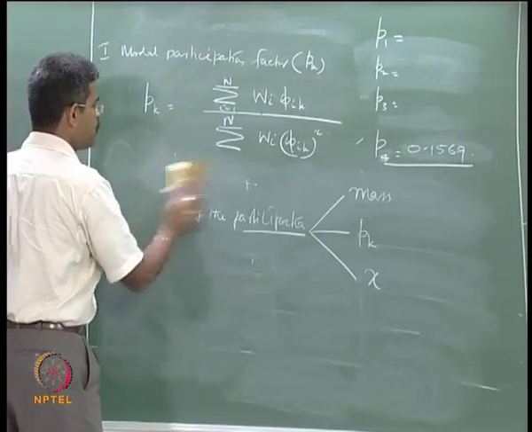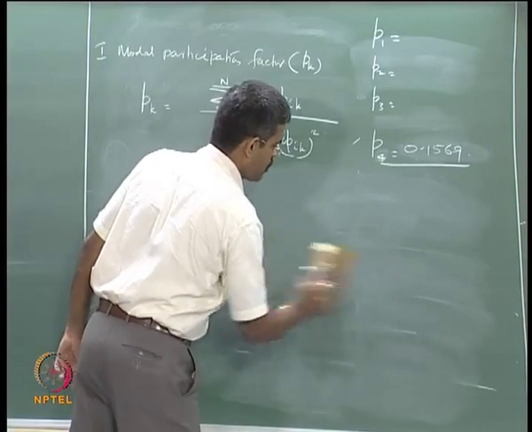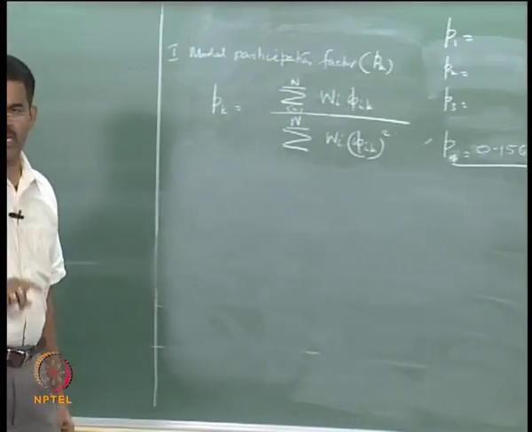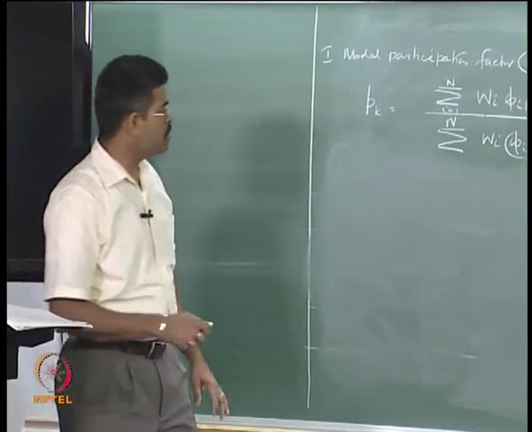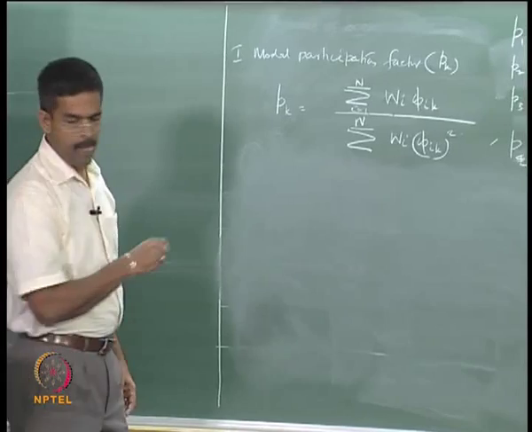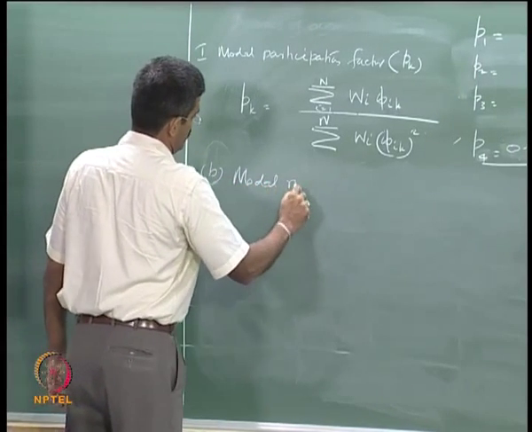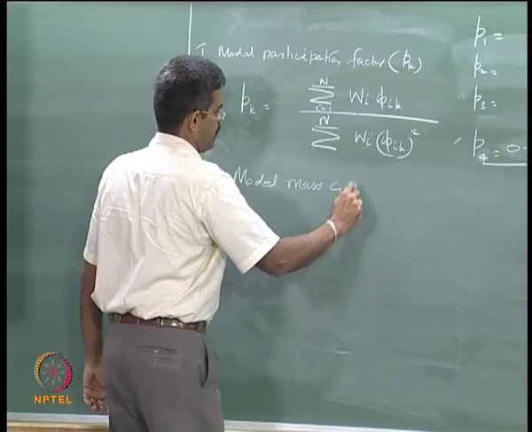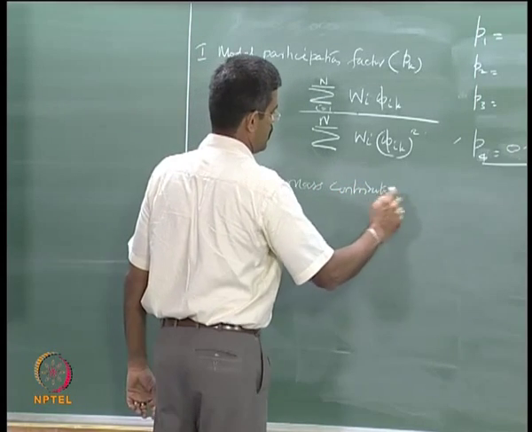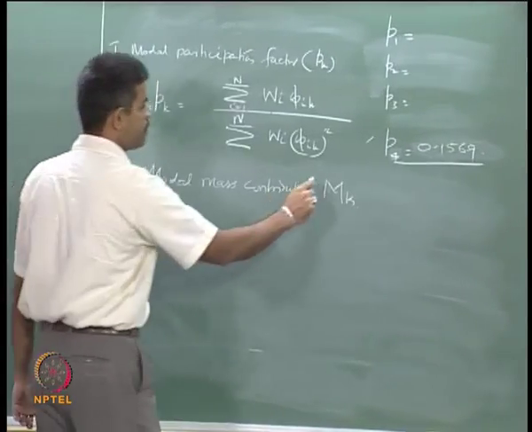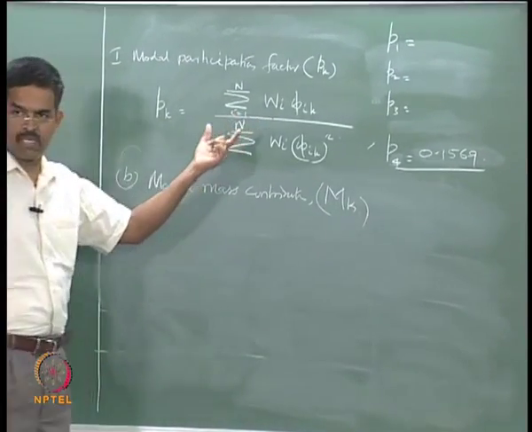Now, let us try to compute the modal mass contribution and how many modes I should consider in my analysis for this problem. So, the modal mass contribution in kth mode, Mk, can be computed by a simple equation as same as the participation factor.